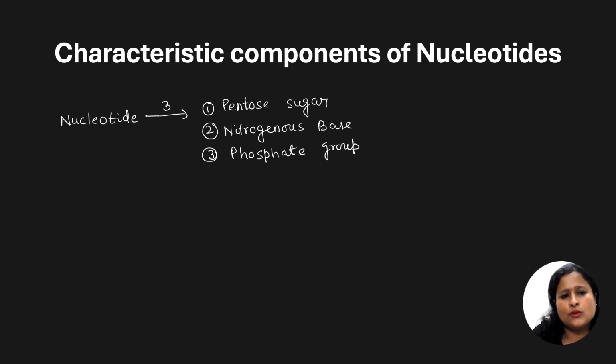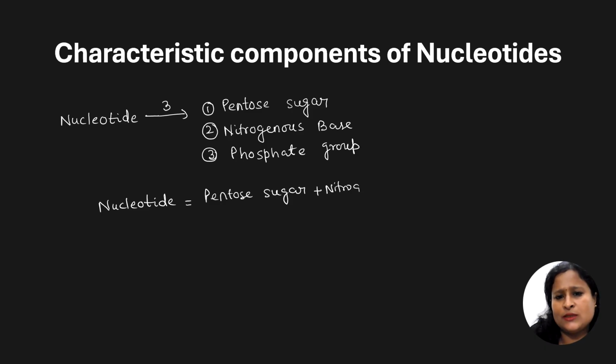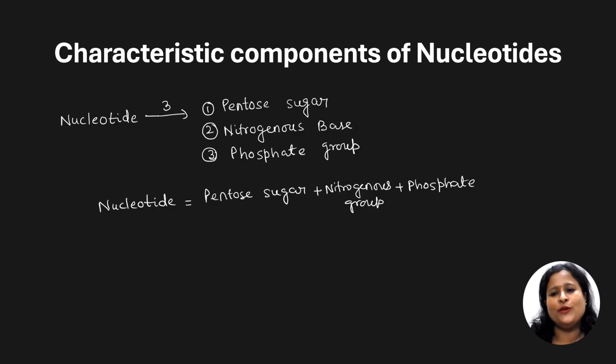Clear? So we can write nucleotide is equal to pentose sugar plus nitrogenous base plus phosphate. When the three combine together, they form a nucleotide.